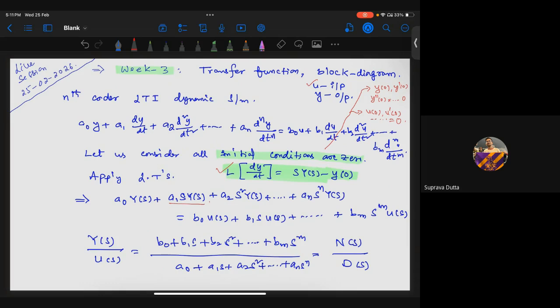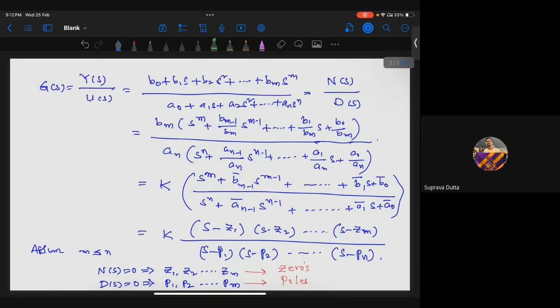For any system, we write the general differential equation in this form in terms of its output and input. Then I'm applying the Laplace transform, and we end up with this expression. If you take the numerator equal to 0, we get z1, z2, etc., zm. Denominator equal to 0, we get p1, p2, etc., pn.